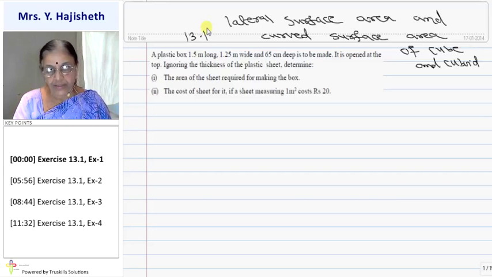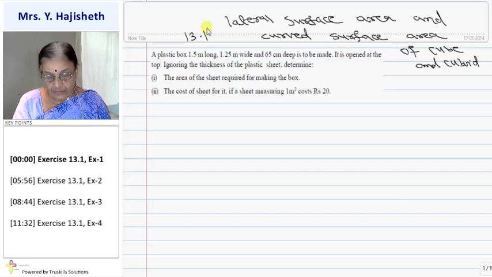So naturally, the formula for total surface area here is 2 times L into H plus 2 times B into H plus only L into B. L into B only occurs once.